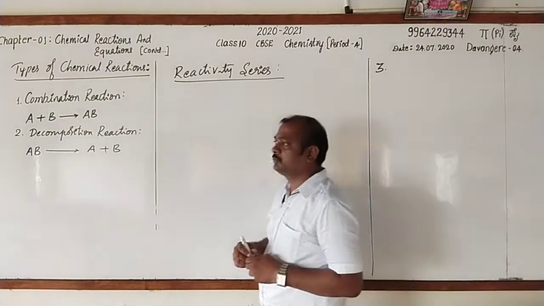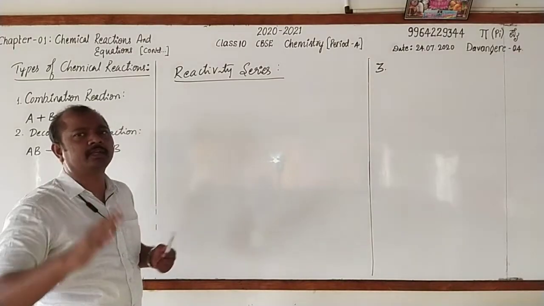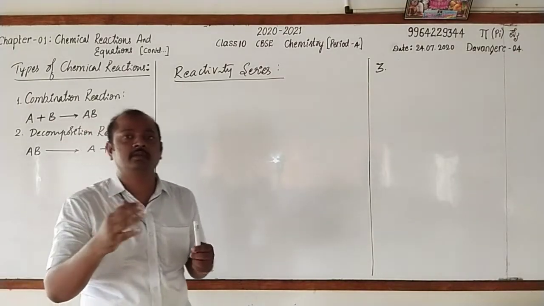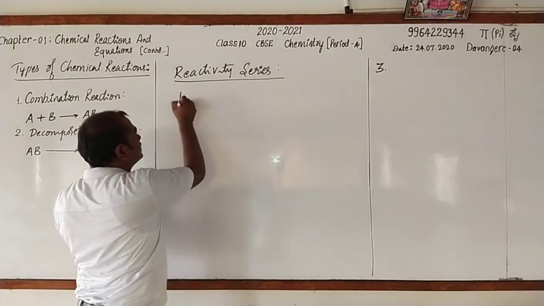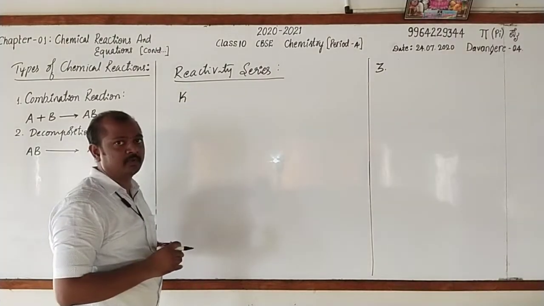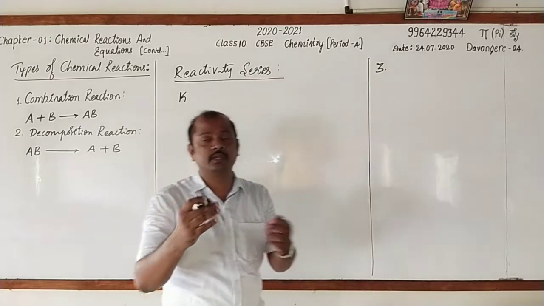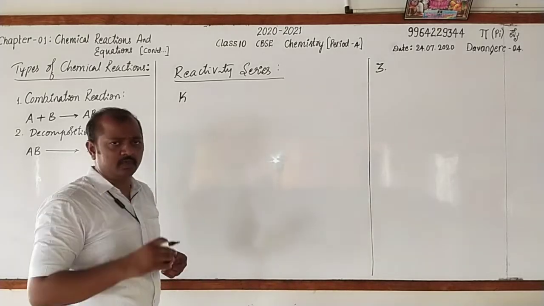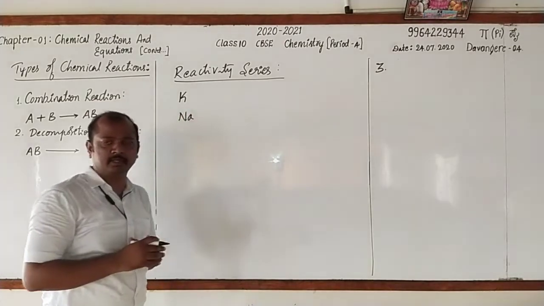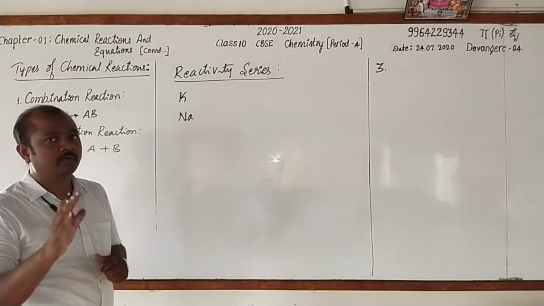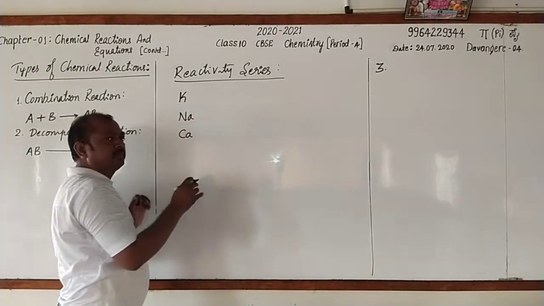Then what are those metals? You can recall them. Which is the highly reactive metal stored in kerosene? Yes, you are right. Very good. The first one is potassium, and one more metal that is also highly reactive, hence we store it in kerosene. This is Na, natrium, nothing but sodium. Right? Then the next one is calcium, like that.